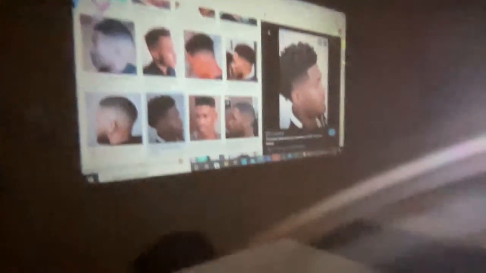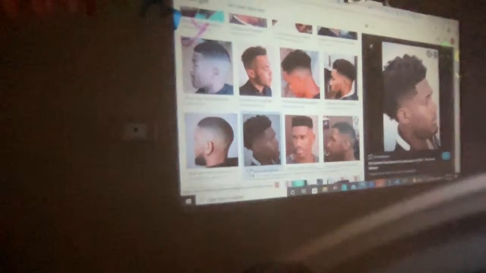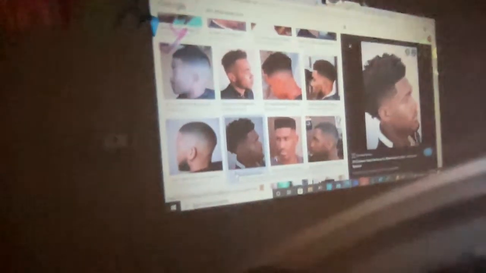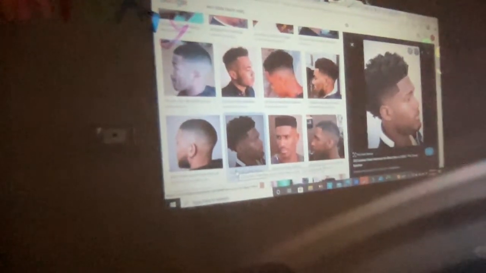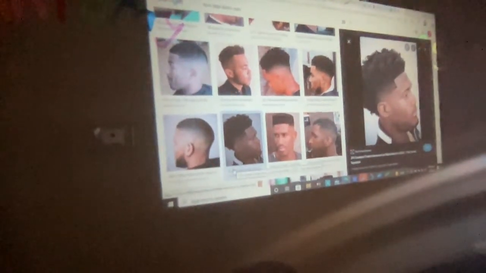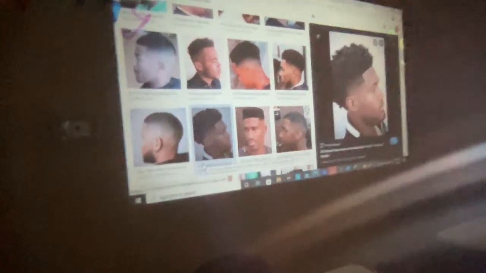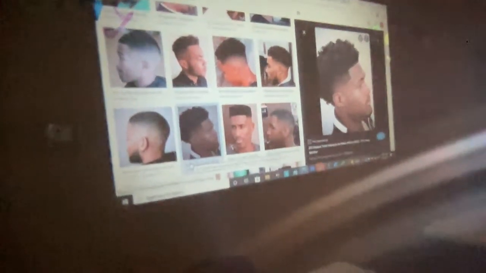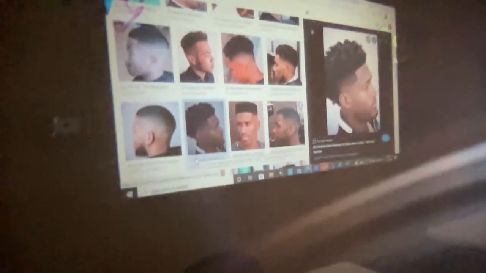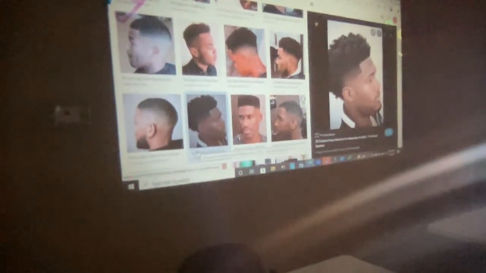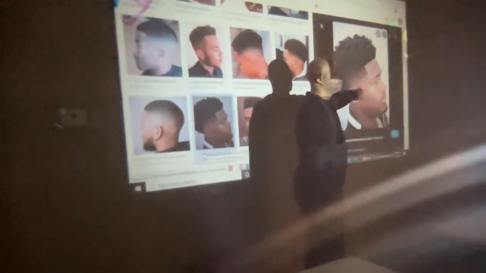Skin. Skin of the taper area. Where there's hair on the taper? There are only 3 haircuts in the whole wide world. Skin. What is it? Light. Light too, but there's skin. What is this right here? What does it start with? Skin. It's a skin fade.